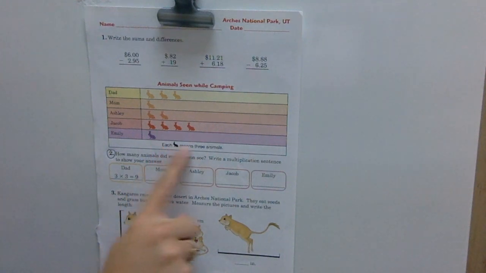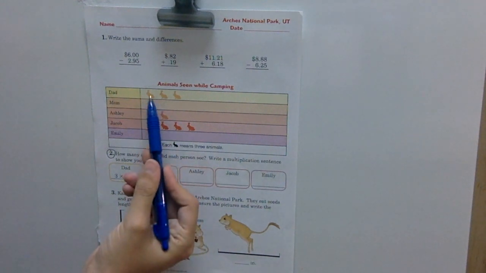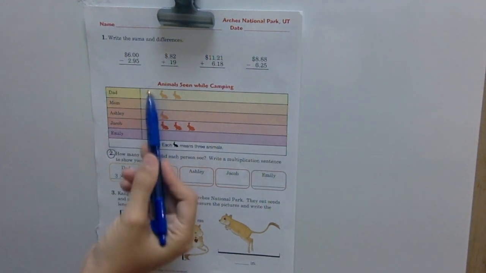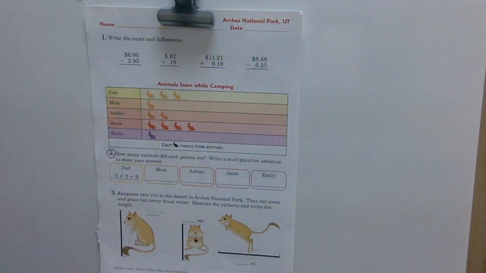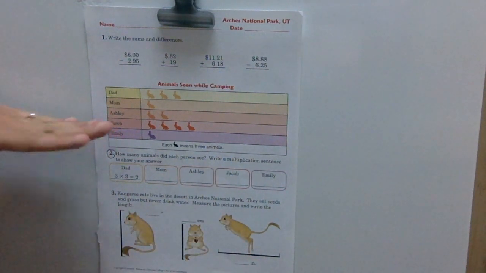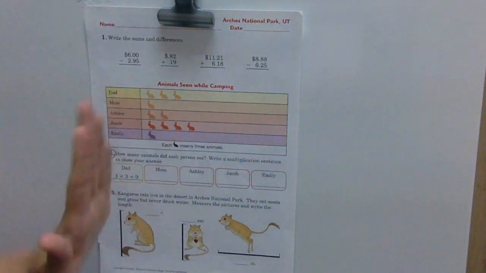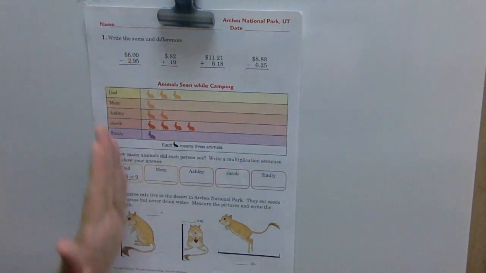It has a key here at the bottom. The key is telling us how we should look at those pictures. Does this bunny mean one bunny, or does it mean more than one bunny? So we have to pay attention to our key. And the information, is it going horizontal, side to side, or is the information going vertically up and down?